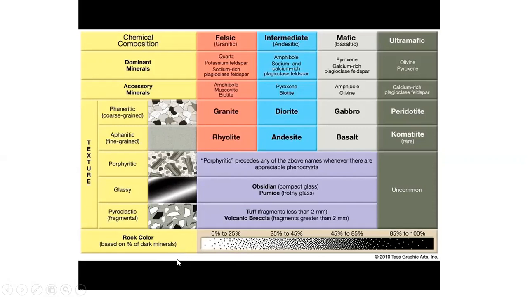Dark minerals are usually mafic minerals. On the other hand, those with 85 to 100% of mafic minerals or dark minerals possess dark color, or they are almost entirely black. These are the ultramafic rocks which are usually black.